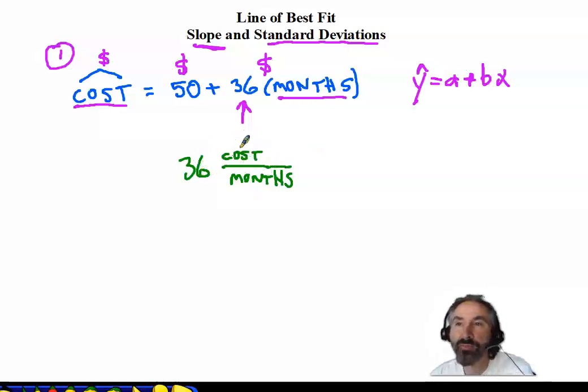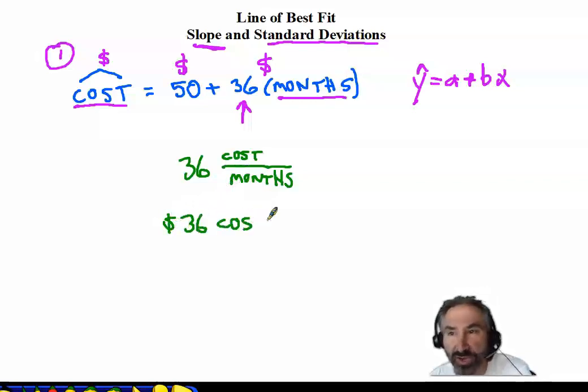So what does the slope mean in this case? What it means is $36 in cost for every 1 month of membership.